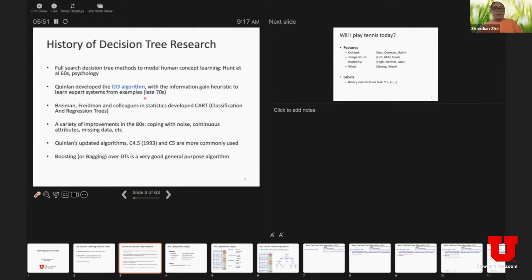Then in the late 70s of the last century, Quinlan, a pioneer of artificial intelligence and machine learning, developed this ID3 algorithm using an information gain heuristic to learn expert systems from examples. By the way, in the 1980s or late 1970s, expert system was kind of the buzzword, like artificial intelligence or machine learning nowadays.